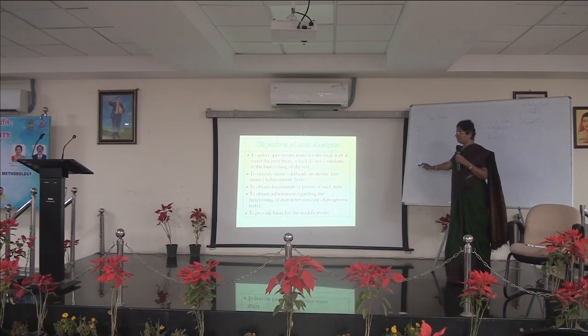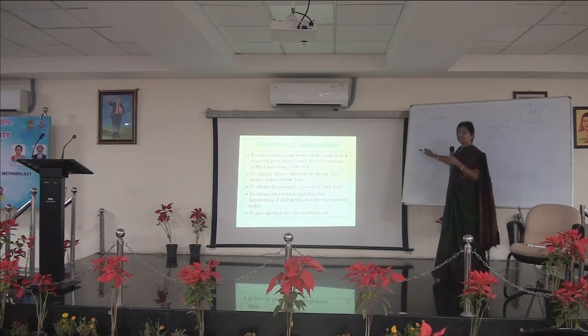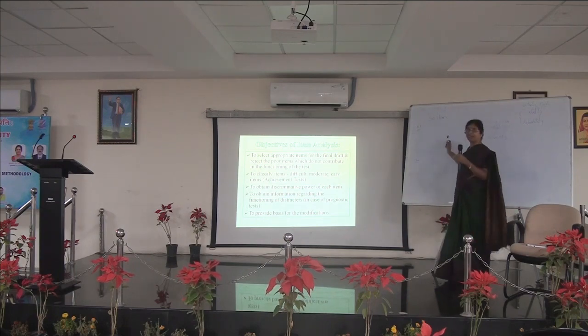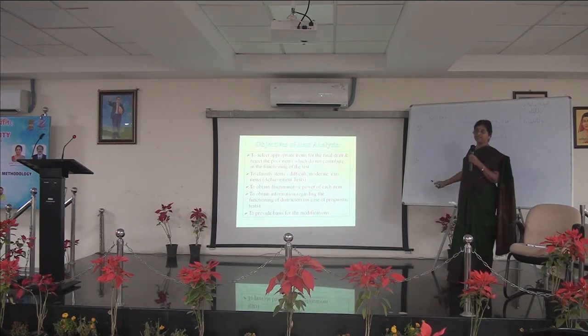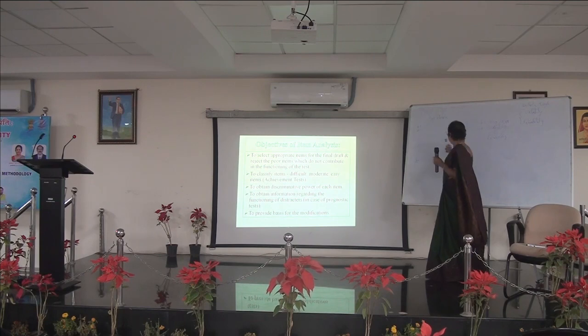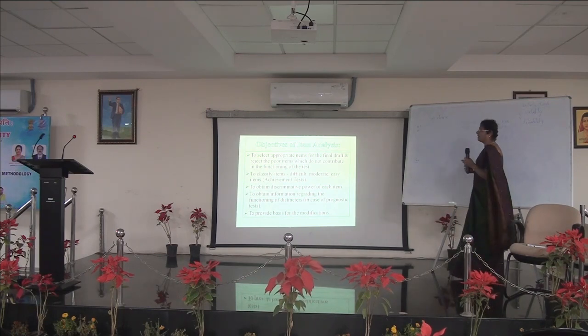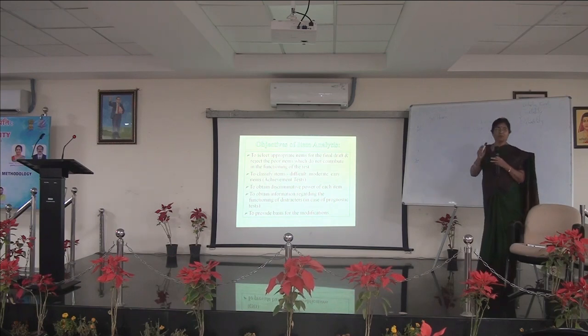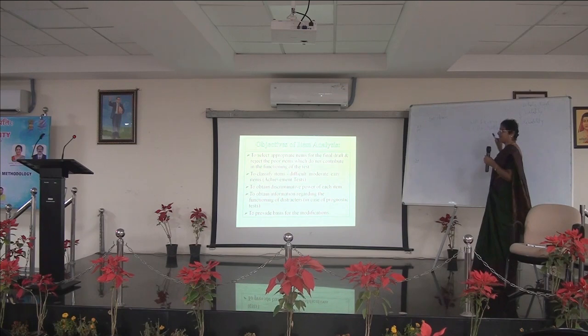For these 50 items, you are going to establish validity and reliability for each and every item. And by knowing these two things, you are selecting those items that have validity and reliability.